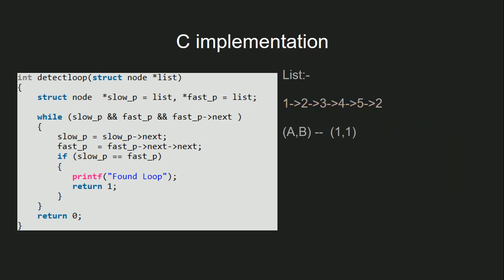Initially AB will be 1, 1, that is the slow pointer is pointing to 1 and the B pointer is pointing to 1. After the first iteration, A, B will be 2, 3. After the second iteration, A, B will be 3, 5. After the next iteration, A, B will be 4, 3. Now finally, A, B will be 5, 5.